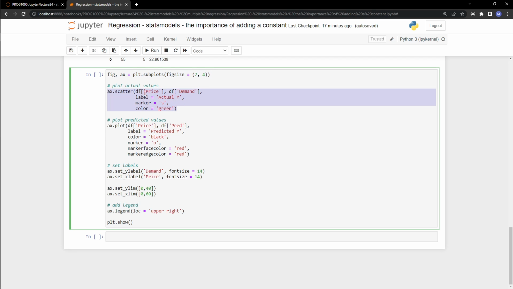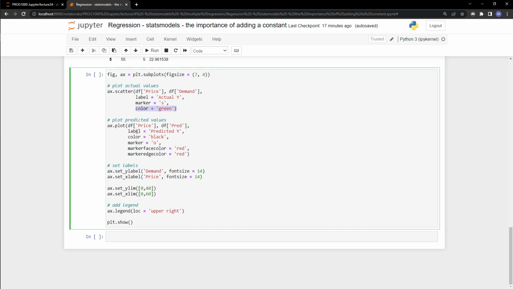So we have the price on the x-axis and the demand on the y-axis. These are the observed values. So we label that actual y. We have a marker which is square and the color is green, like previous.